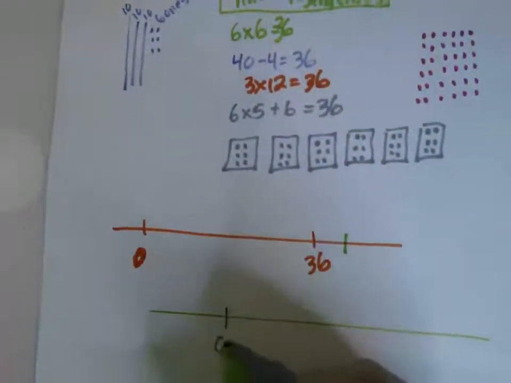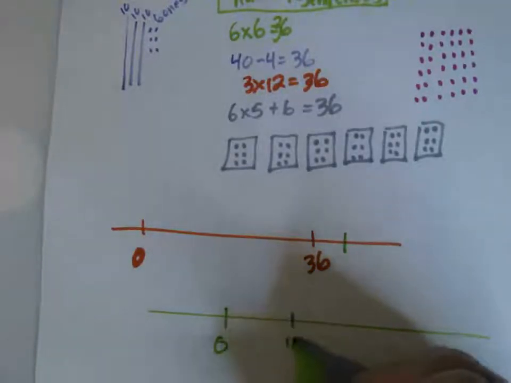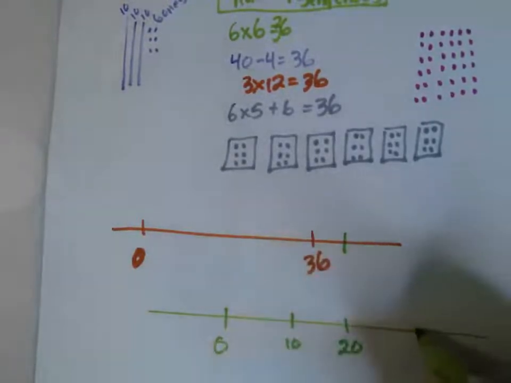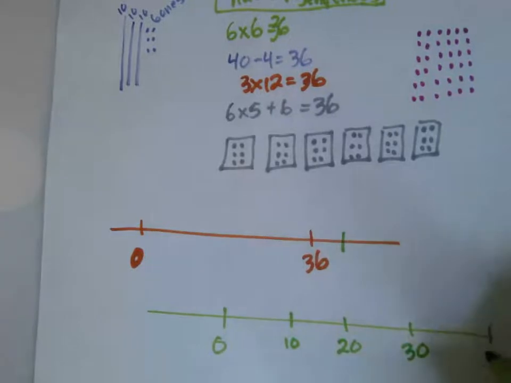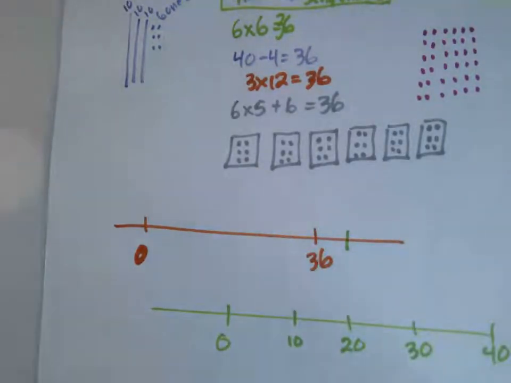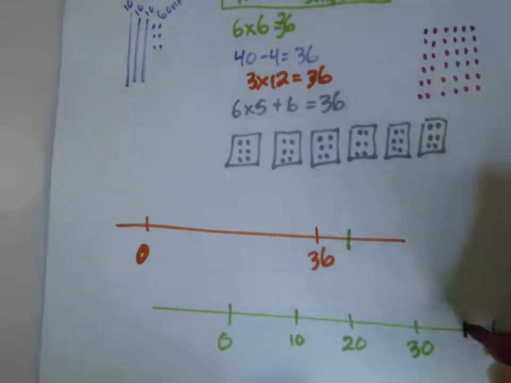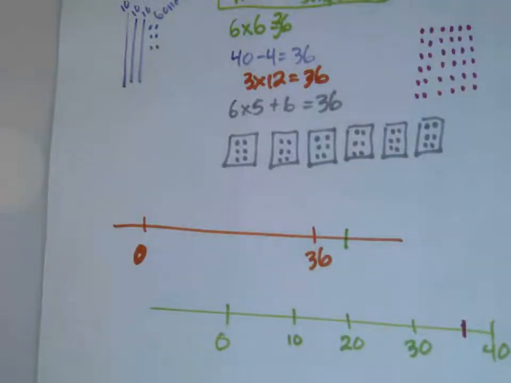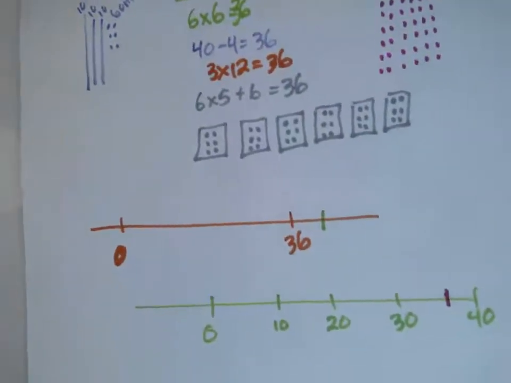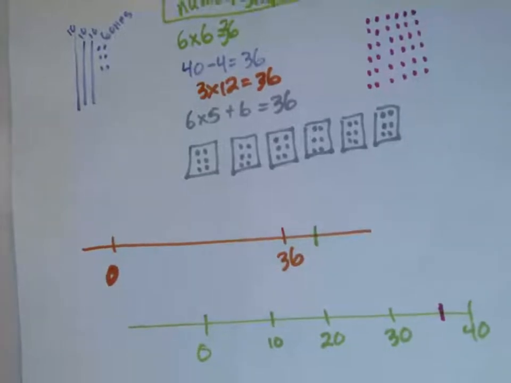I could say, here's 0, here's 10, 20, 30, 40, and 36 is right there. Maybe that's a way to represent 36. I don't know. There are many, many ways to represent 36.